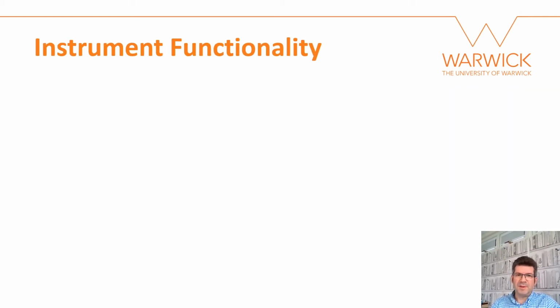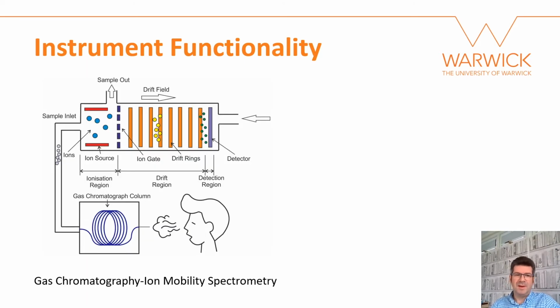Just to comment about how they work. For GCIMS, many people will know how this works, but basically here's our person, we have a GC front end, so you have some level of pre-separation. You put lots of molecules into the GC, and it nicely separates them out into individual chemicals. These travel up to a drift tube IMS system, which has a control gate.